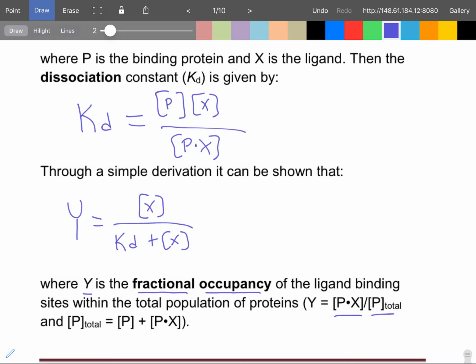In this case, total concentration of protein is free protein plus the protein bound to that ligand. Those are the only two forms present in solution. So the fractional occupancy, we could express as a decimal or as a percentage, but it's the proportion of proteins that have a ligand bound to them.